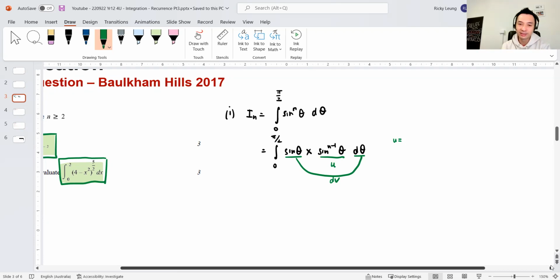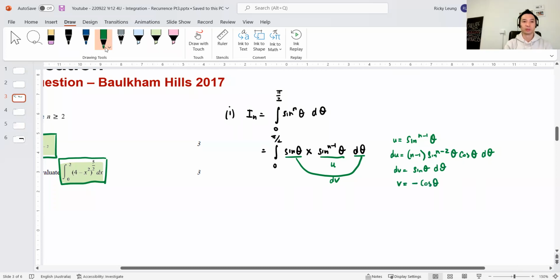So in this case, we're going to let sine^(n-1) be the differentiable statement, where du brings down the n minus 1, knocks off one from the power, and then multiplies by the derivative as well, d theta. Then dv equals sine theta d theta, where I know that integrating sine integrates negatively, minus cos theta.